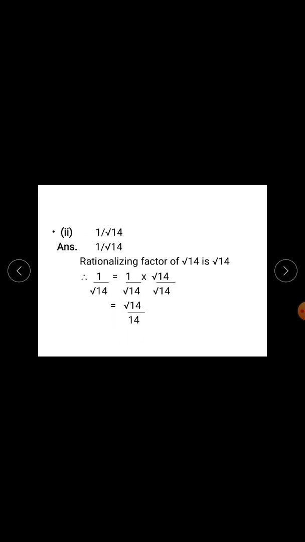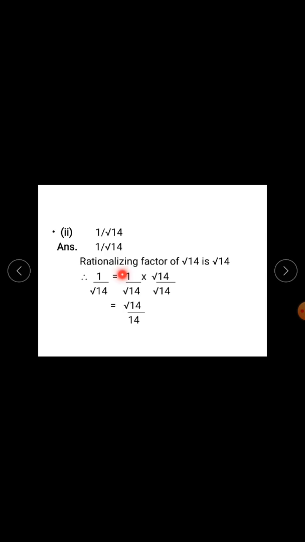Second sub question. 1 upon root 14. Rationalizing factor of root 14 is root 14. Therefore, 1 upon root 14 is equal to 1 upon root 14. Again multiply numerator and denominator by root 14.